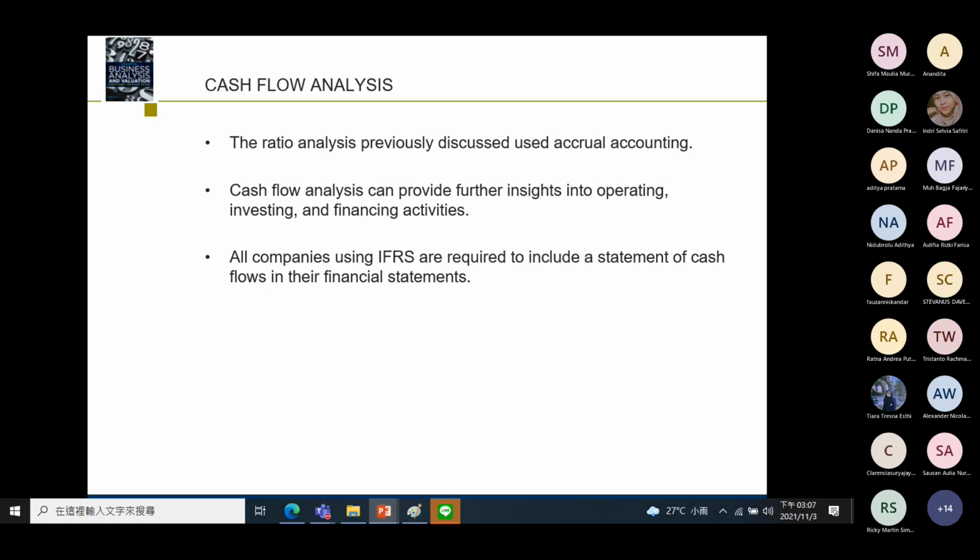Current accruals result in changes in the firm's current assets and current liabilities. The second type of accruals included in the income statement are non-current accruals such as depreciation, deferred taxes, and equity income from unconsolidated subsidiaries.